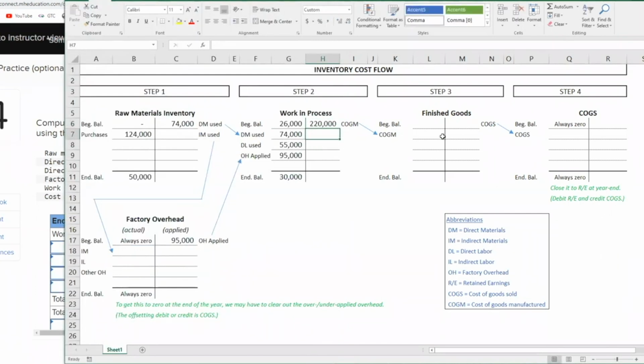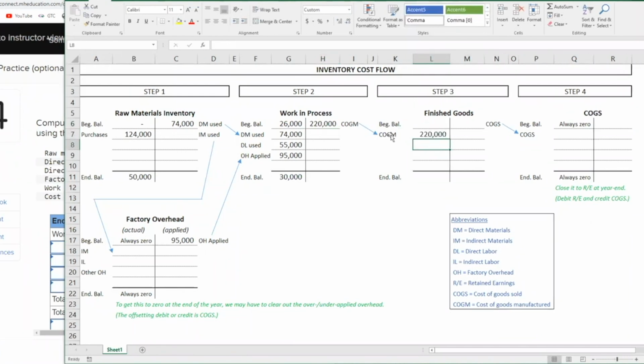So we basically put it into finished goods and take it out of work in process. So do you understand that the point is that we actually finished this much of bikes? Because they're finished, they're no longer in process. So we take them out of here and put them into finished goods.